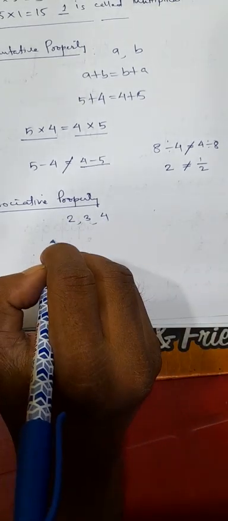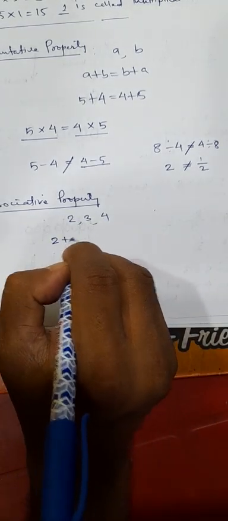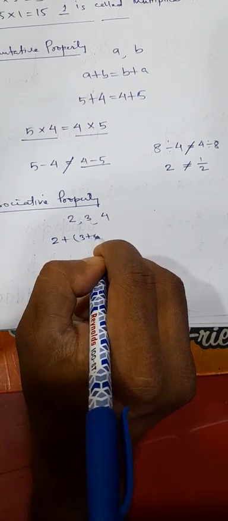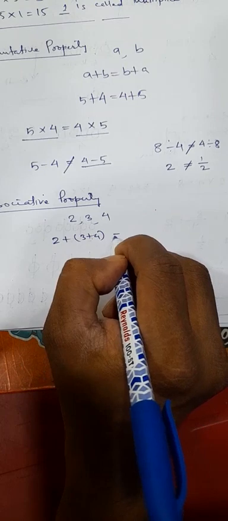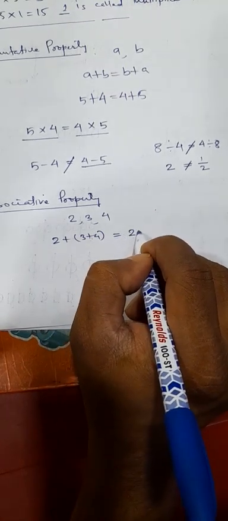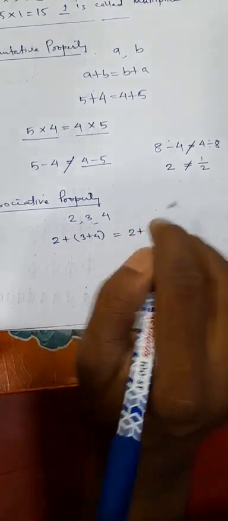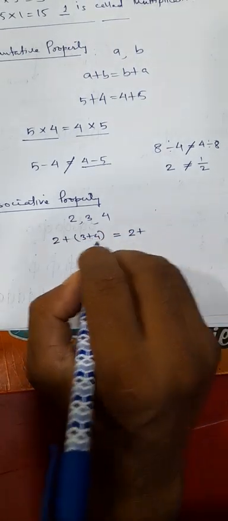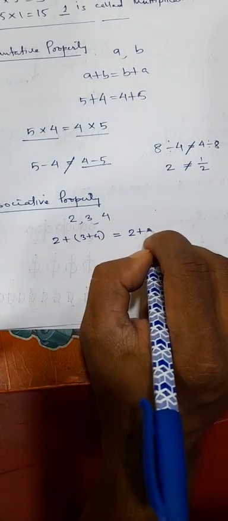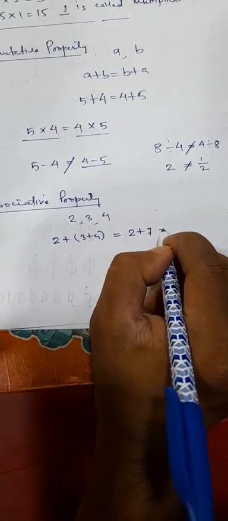Now we want to add like this: 2 plus (3 plus 4). 2 plus, now we'll find the sum of the numbers within the parenthesis. 3 plus 4 equal to 7. That means 9.